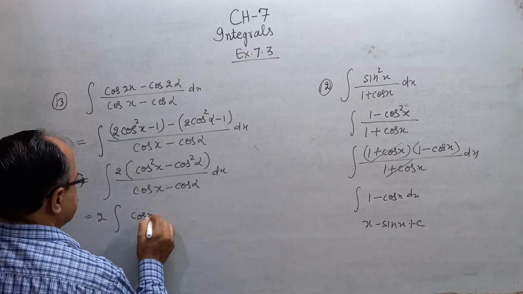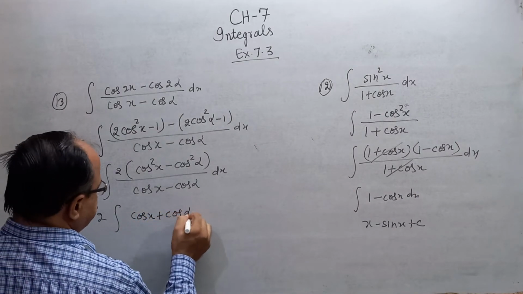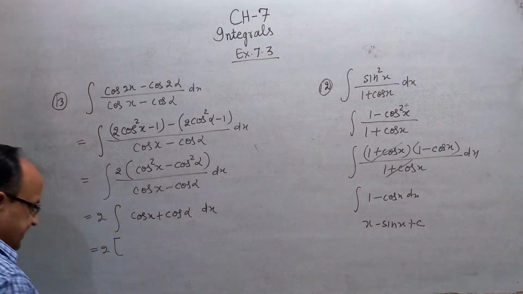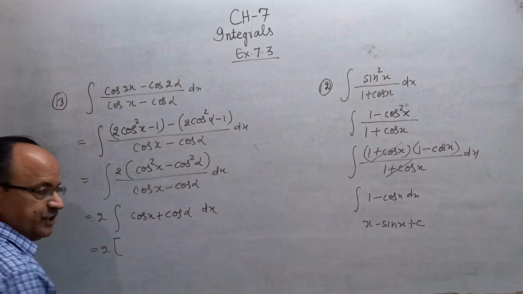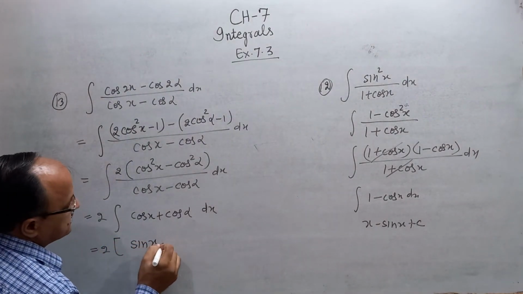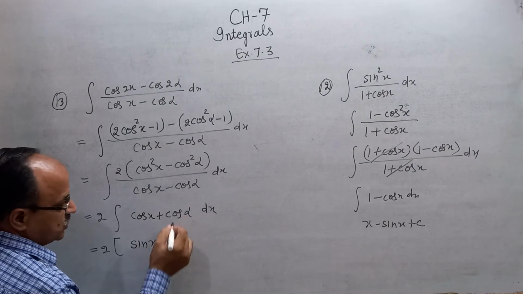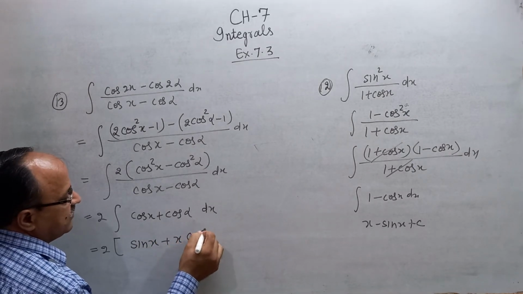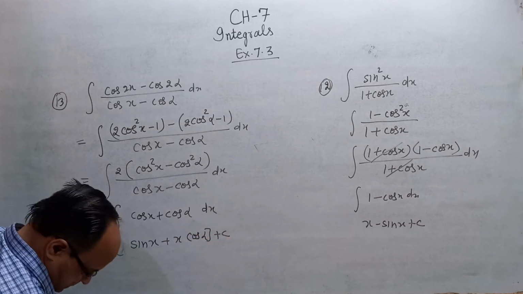The remaining term is cos x plus cos alpha dx. Now can you tell me the integration of cos x? It is sin x plus, and cos alpha is a constant term, so its integration is x cos alpha plus c. This is the answer.